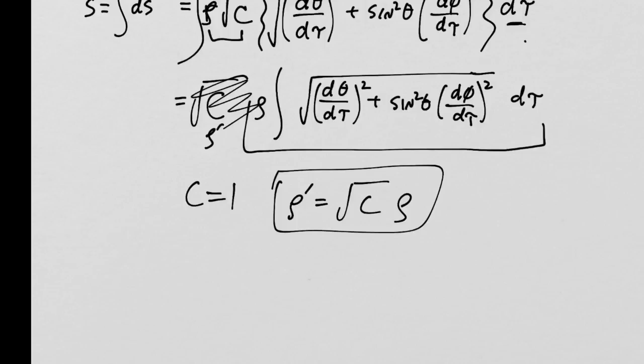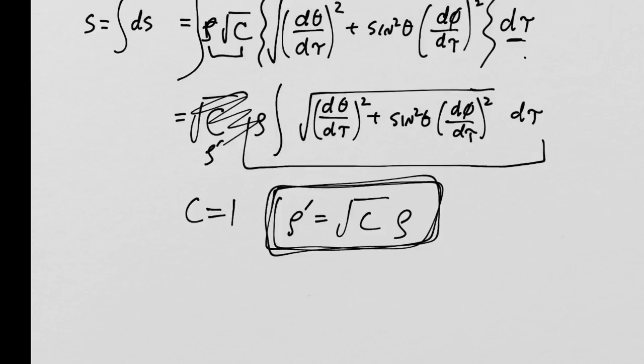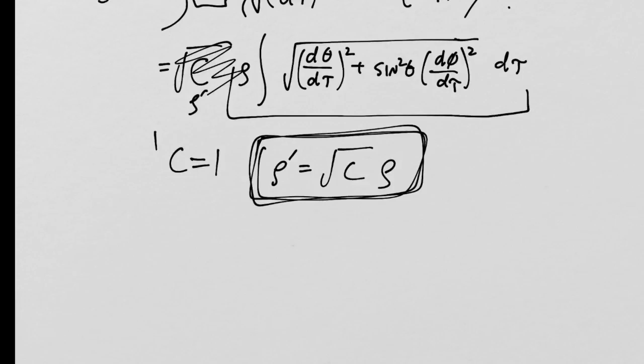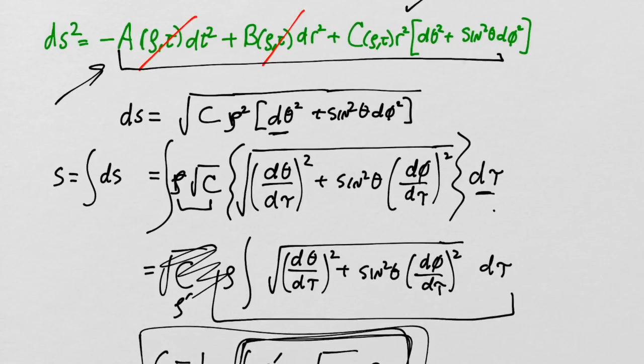So no matter what c is, we can always make this change. I mean, this is the most general metric, but we are always allowed to make that simple coordinate change. If we do that, then c will always be set to 1.